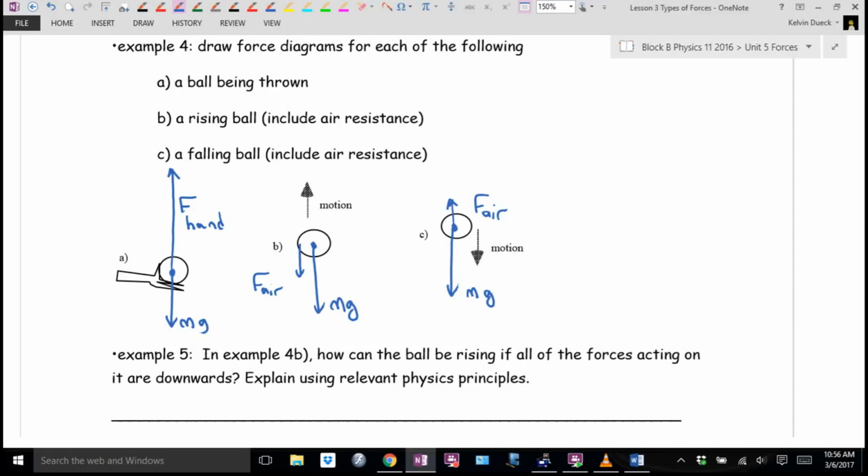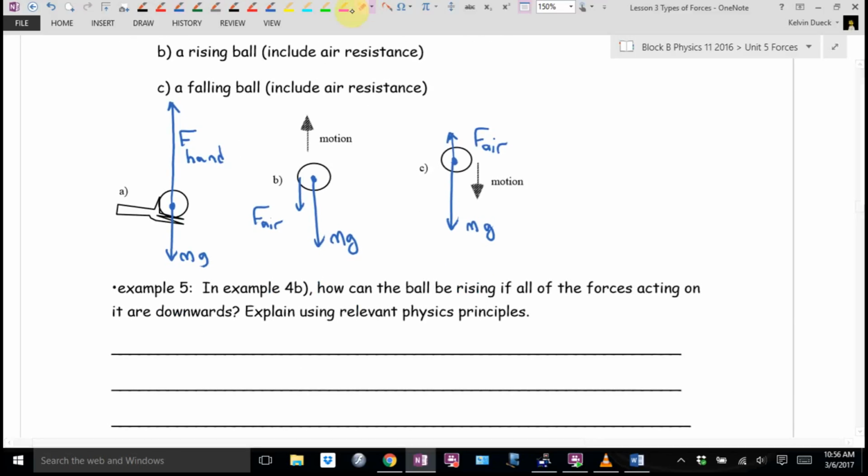Mr. Dueck? How can the ball be going up in part B if all of the forces are pointing down? Yeah. Well, even more basic than that, I would say this.